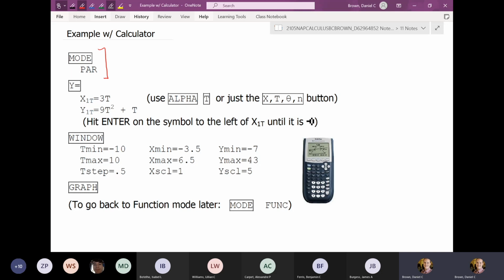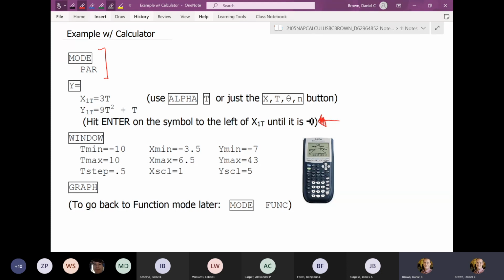When you change it to parametric, the button that gives you your x's will now give you t's. And your y equals will now have an x equation and a y equation. I do recommend changing the cursor for our graphs to be the one that has the tadpole, and again, I'll show you how to do that on the updated calculators.